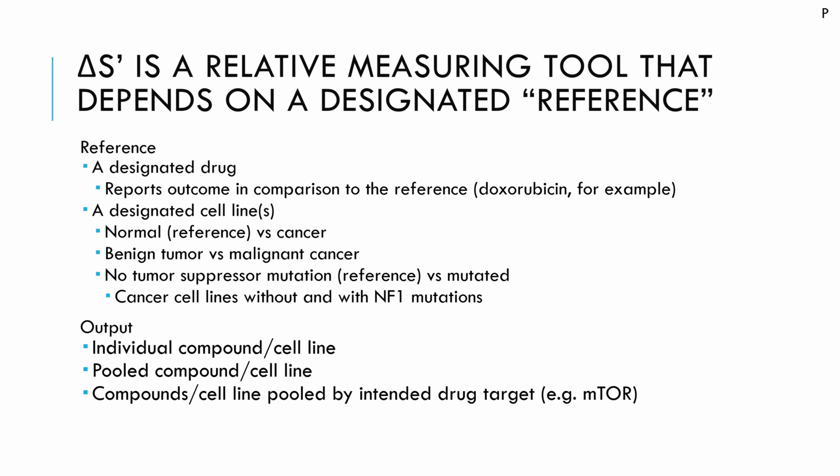The output of all of this is information on individual compounds by cell line. We can look at pools of compounds by cell line and compounds by intended target. And all of that with just a single value.